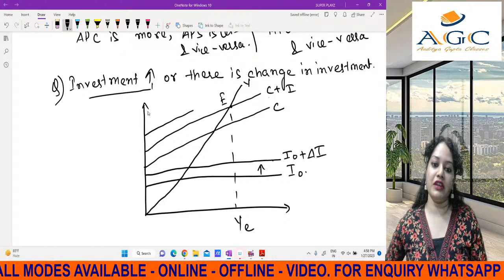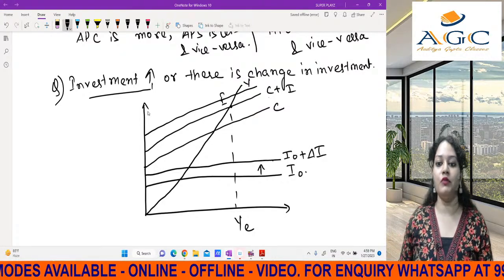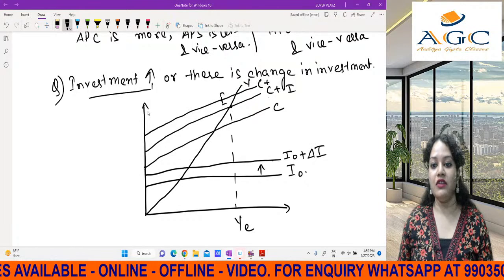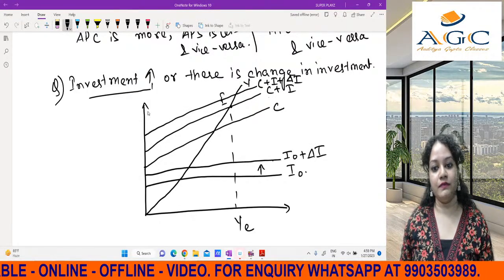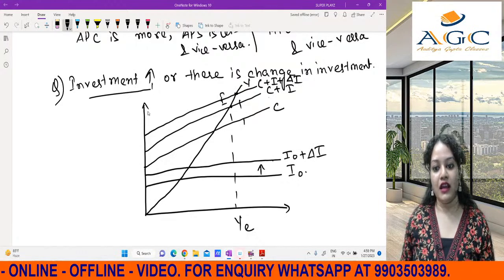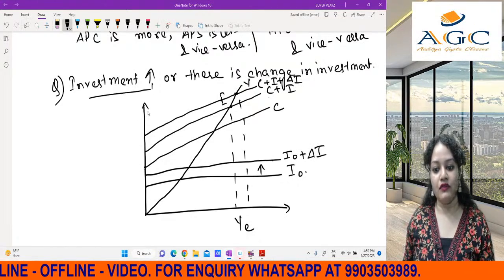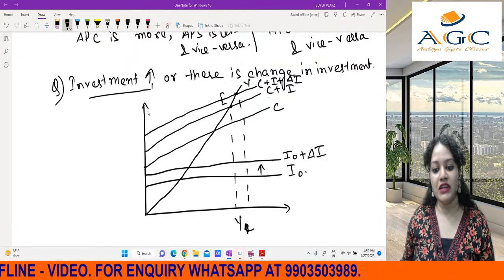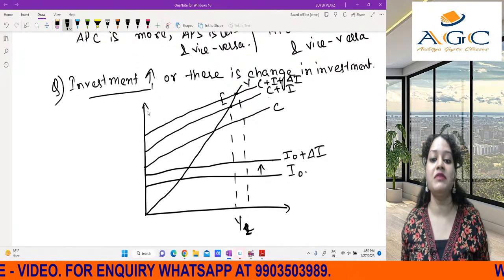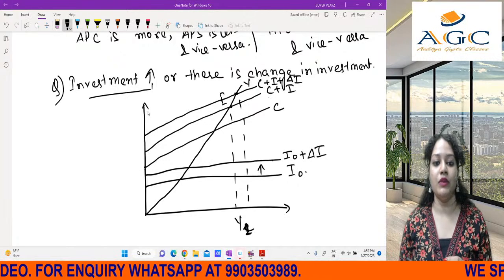So we will be shifting that line upwards, and we can write C plus I plus delta I. And our equilibrium level of income shifted, name it as Y1, because in these diagrams you won't be asked to determine the equilibrium level.